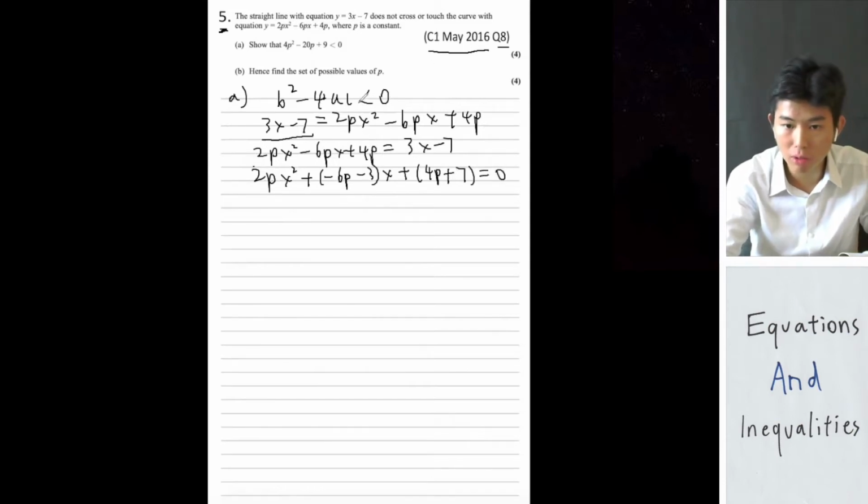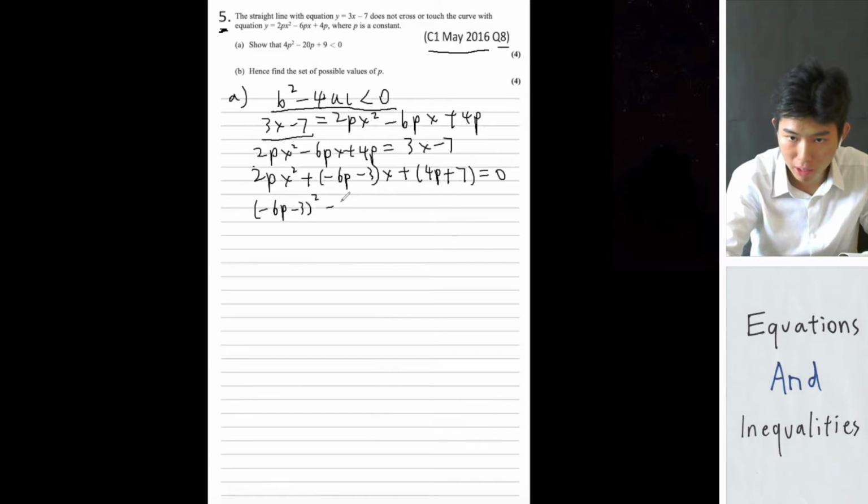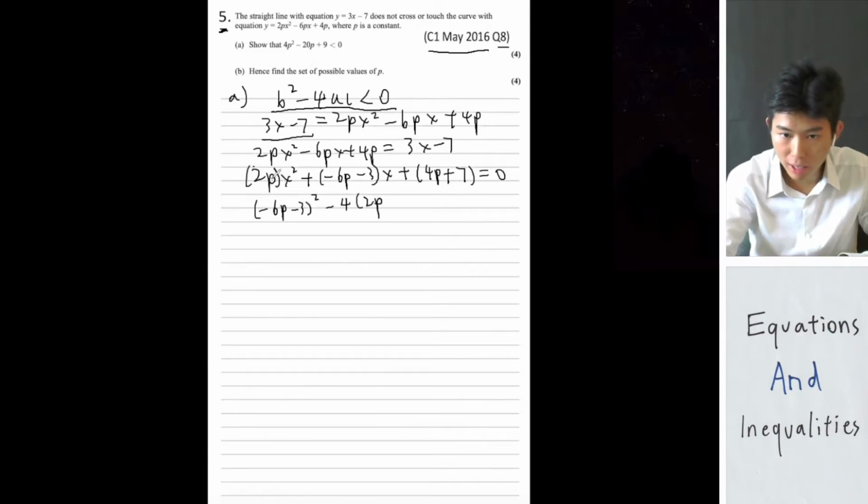Okay, so if we follow the formula, b squared minus 4ac, which would be minus 6p minus 3, squared, minus 4 times 2p times 4p plus 7, because 2p is a, and the others are b and c, smaller than 0.